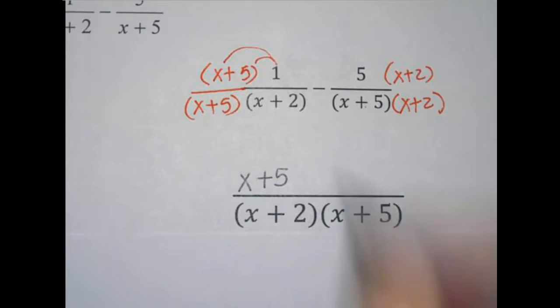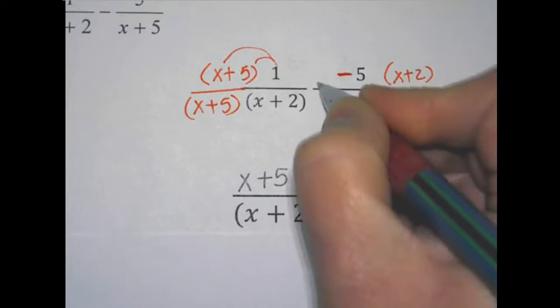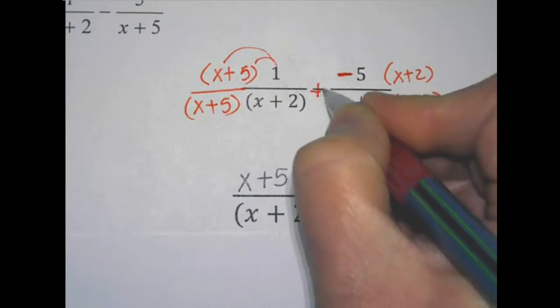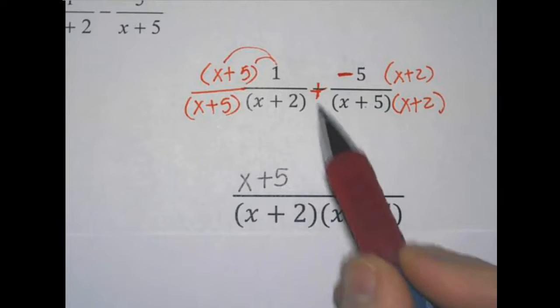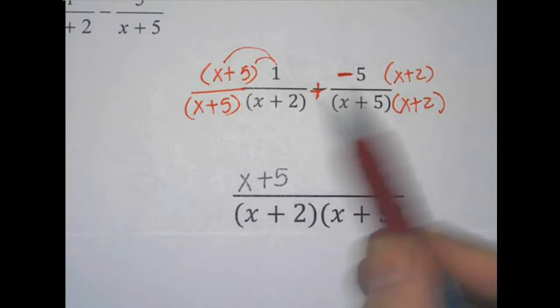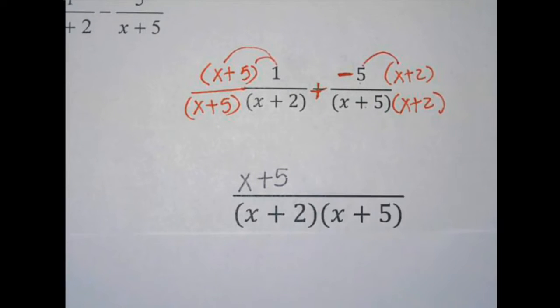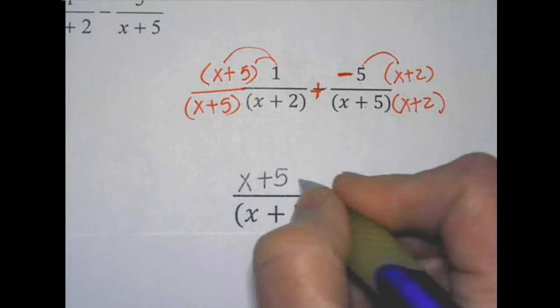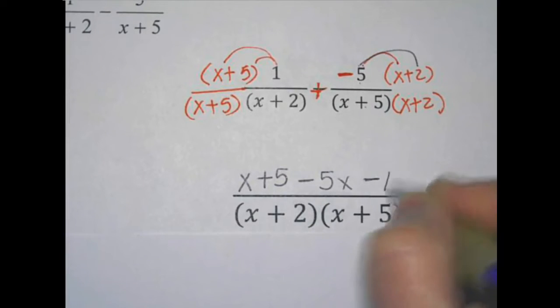Now, don't forget here that this is not a 5. This is a negative 5 that I am going to distribute. Subtracting 5 is the same thing as adding a negative 5. So I am going to multiply that together and get minus 5x minus 10.